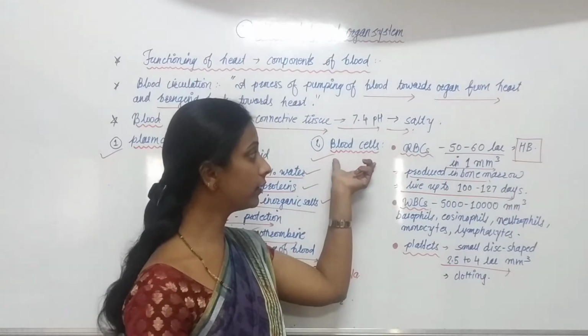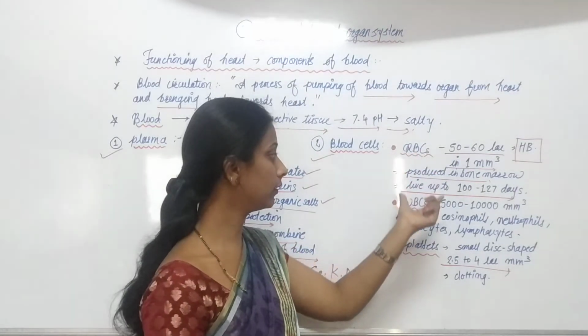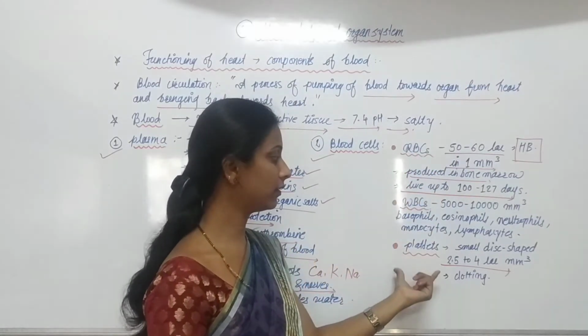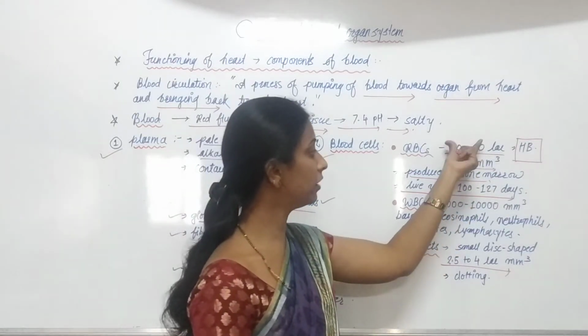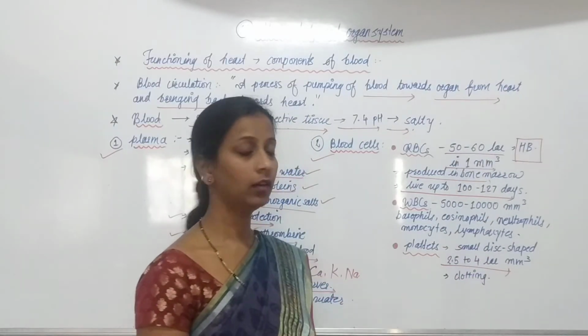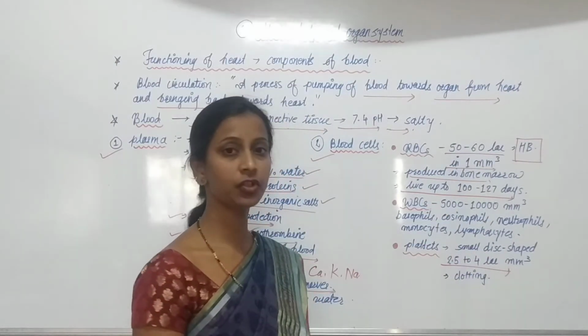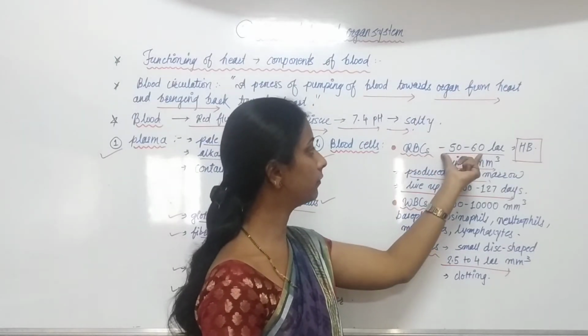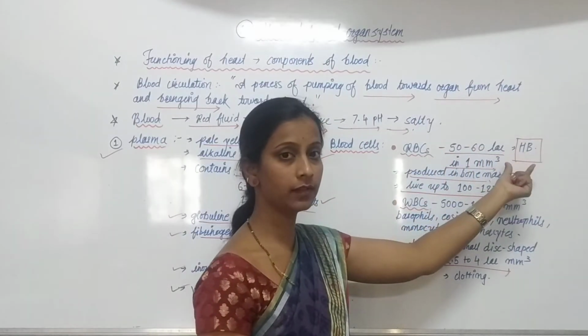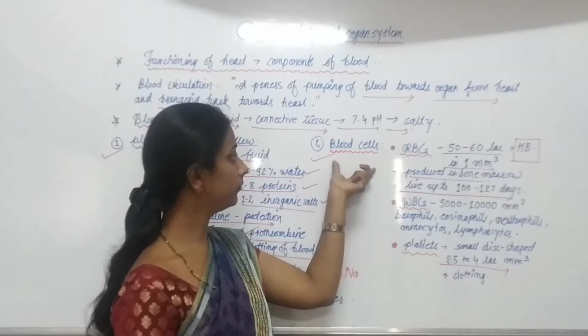And in blood cells, the number of RBCs, WBCs, and platelets should be the same as shown in this chart. Okay. RBCs are present 50 to 60 lakh. It contains Hb. Okay. See here.